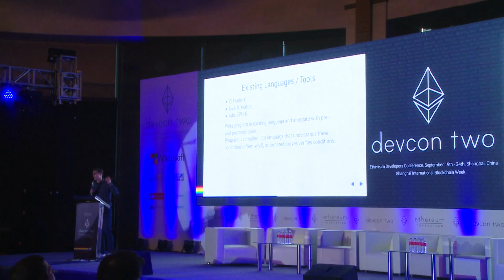Like, sum of balances is fixed between two function calls. And then there are tools which compile both the source code and these annotations into a language that can work with the annotations. This is often Why3, and more recently we have F*.